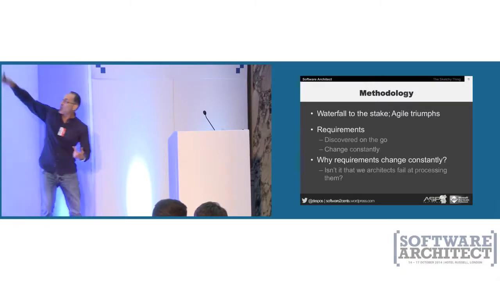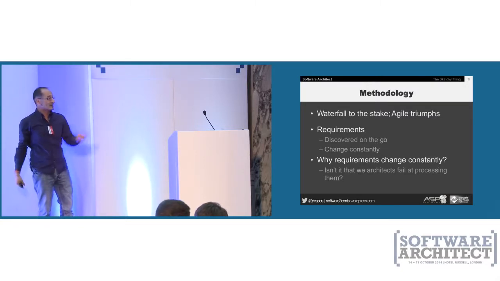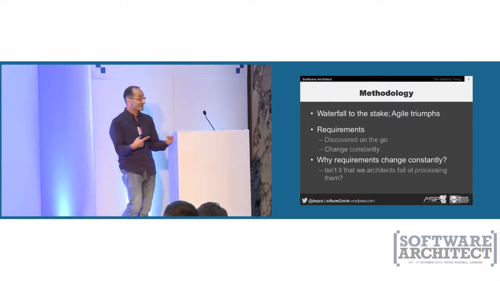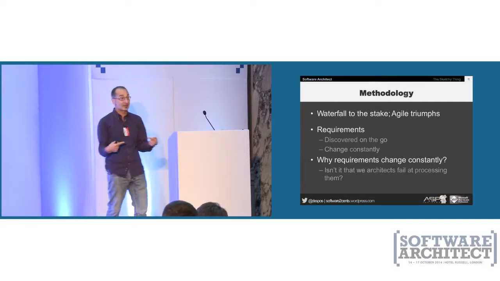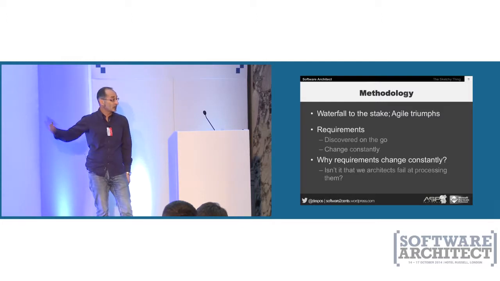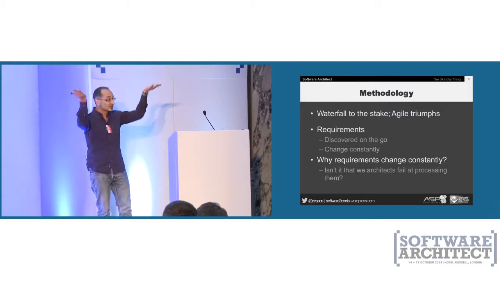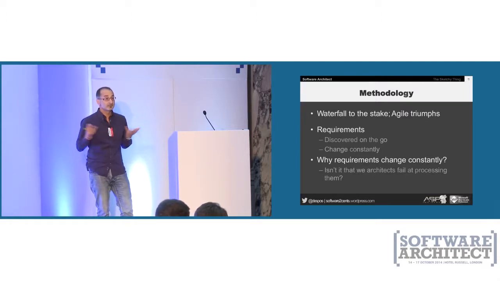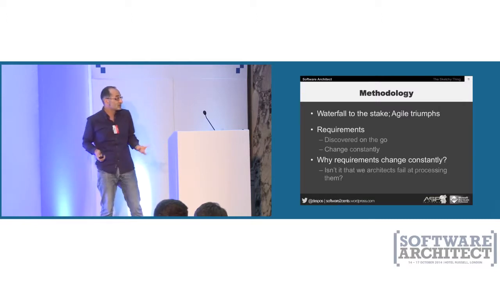Discovering requirements on the go and requirements that change constantly go together. They are tightly and strictly related, and both contribute to raising the average cost of a project. It's their mechanics. It's part of it. It's just physics.